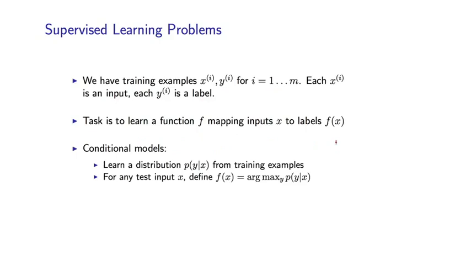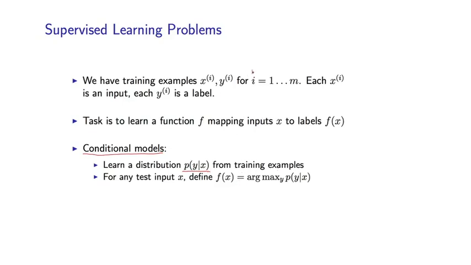So the first kind of model you might consider for supervised learning is what's called a conditional model. And that goes as follows. In a first step, in the learning step, we will actually learn a distribution, p(y|x), from the training examples.